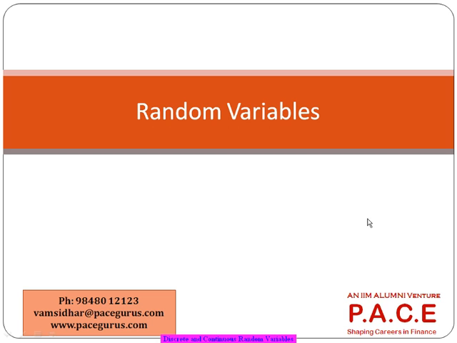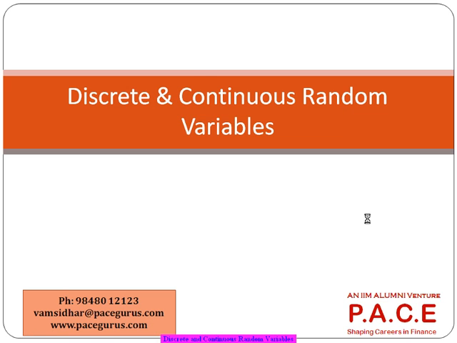As the word itself is saying, we are talking about a random variable. Any variable which can take any value which is more random in nature, which means I'm not sure what value it can take. Let's say when I throw a dice, I know that it can take either 1, 2, 3, 4, 5, 6.